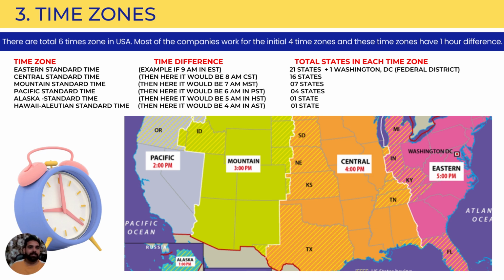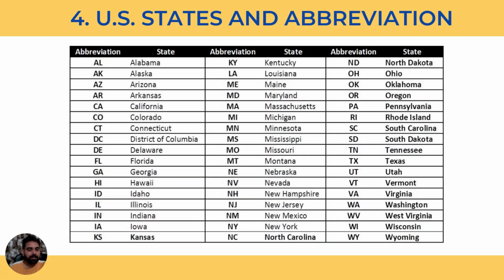So these are the basic 1 hour time differences in each time zone. There are 4, 7, 16, and 21 states in the different time zones, as I have mentioned in that particular slide.